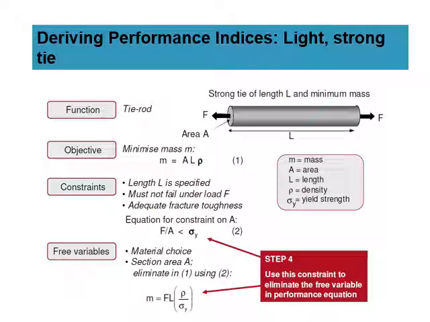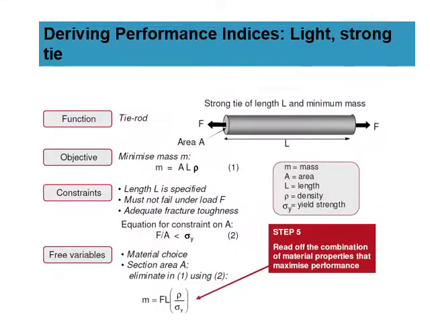Then step 4, use this constraint to eliminate the free variable in the equations. You don't want the free variable, which is section area A, so that you can get these indices like this. Then step 5, read off the combination of material properties that maximize the performance. In this case, over here only.